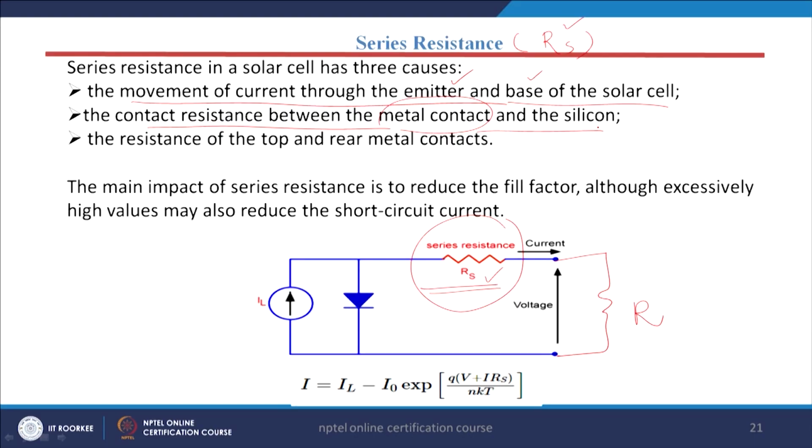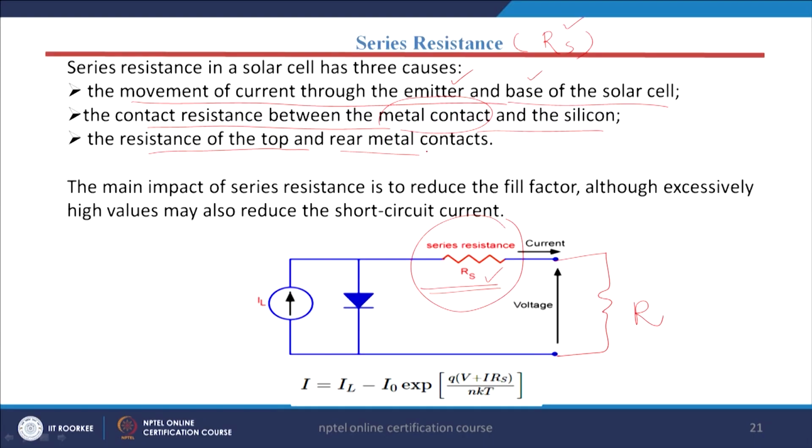So, due to that opposition there may be some resistance, and the second is the contact resistance between the metal contact and the silicon. I have shown in the previous figures that we have a PN type junction and just below the silicon, P type or N type, we have the metal contacts. So, due to the contacts, some resistances are present and that resistance also contributes as a series resistance.